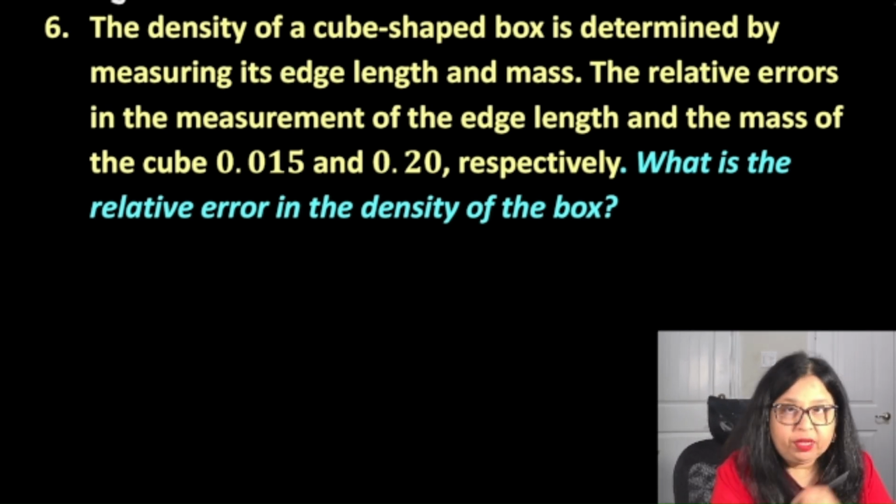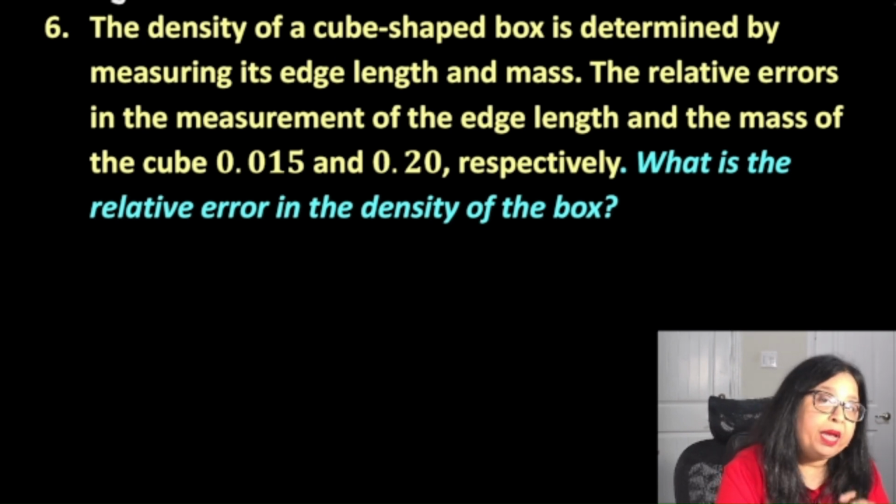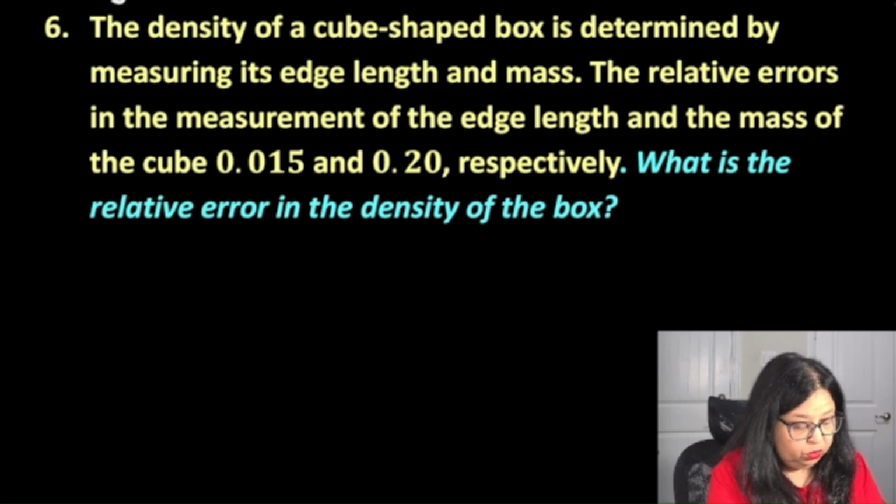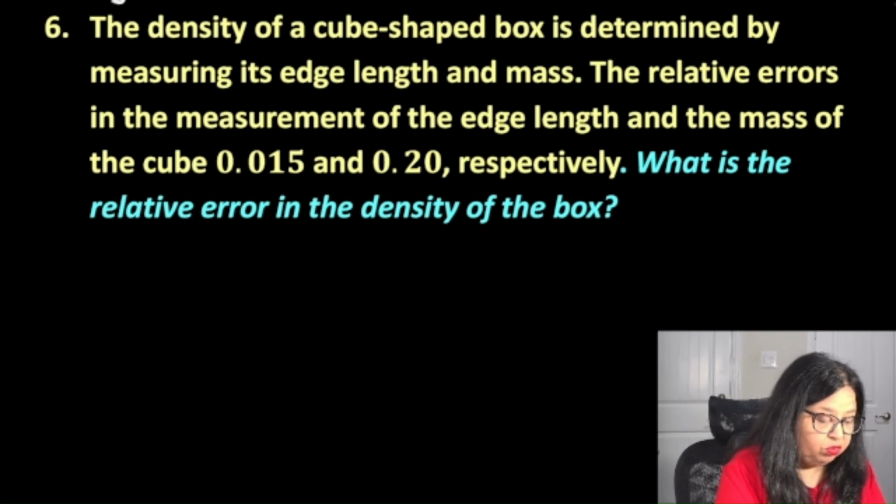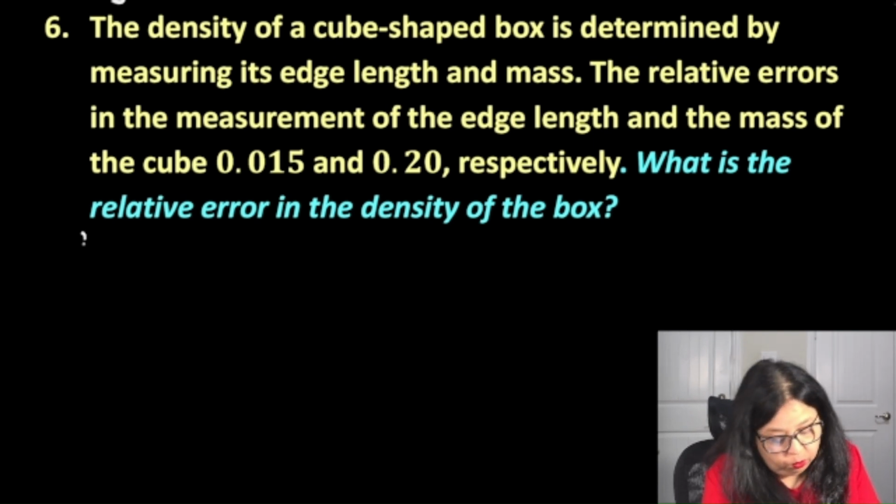Alrighty, I'm assuming that you have solved this problem on your own first and now you're back to check your answer. So let's see how this is solved and what the answer is. What are we given?